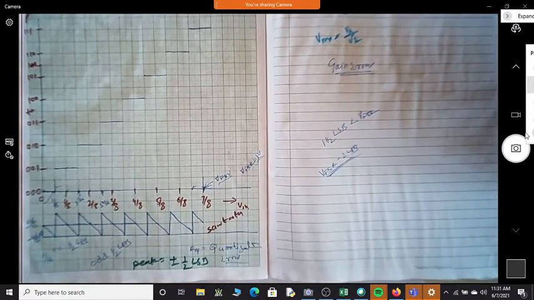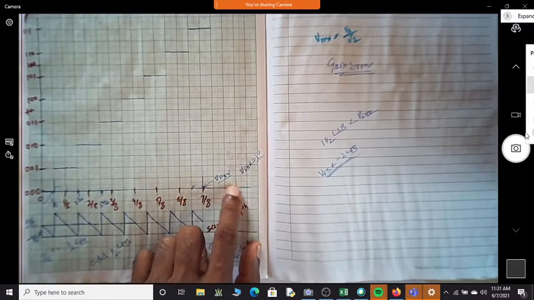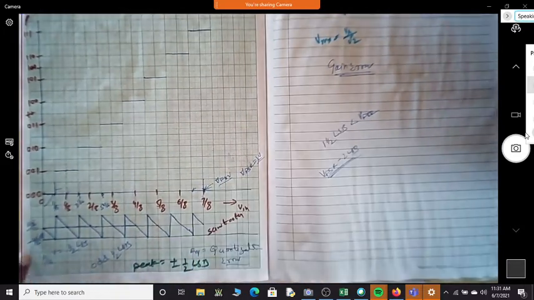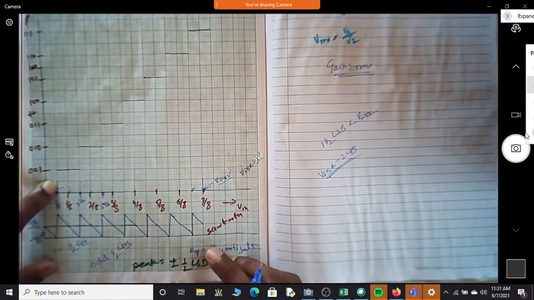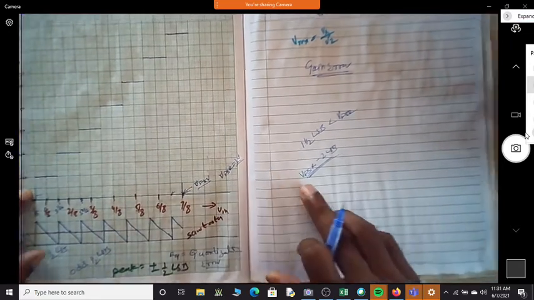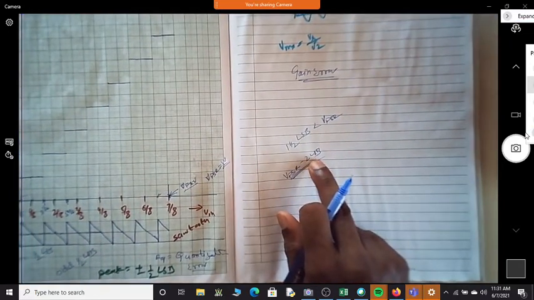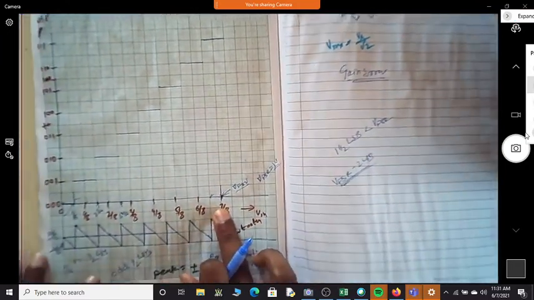There is half LSB gone here, and one and a half LSB gone from VFSR. So is the separation from first transition to last transition VFSR minus 2 LSB? Exactly. Then we say there is no gain error.